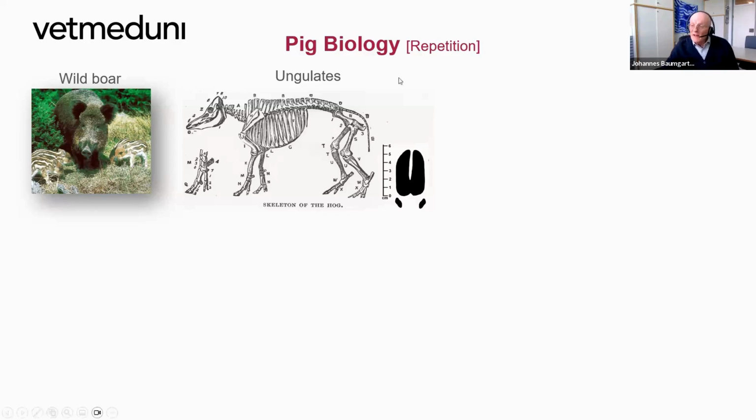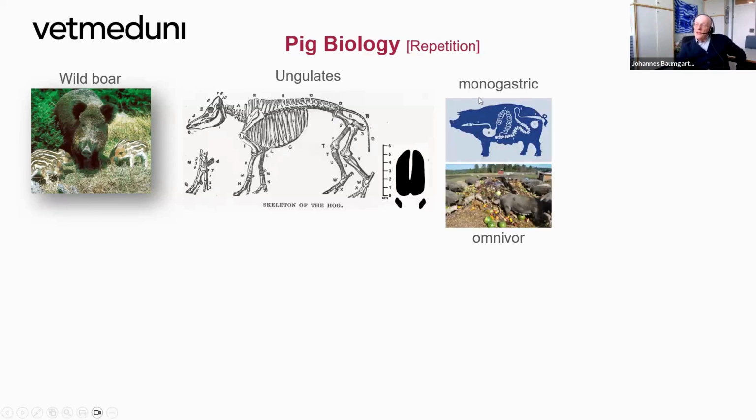And another aspect is that they are ungulates, and they are walking on their second and third main digit, and the first and the fourth is an accessory digit, and the fifth is not there anymore.